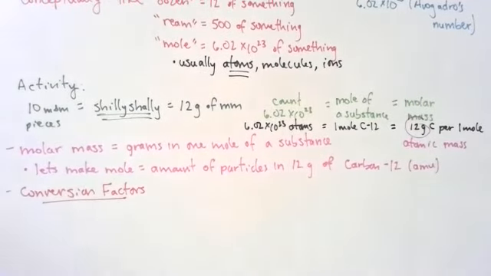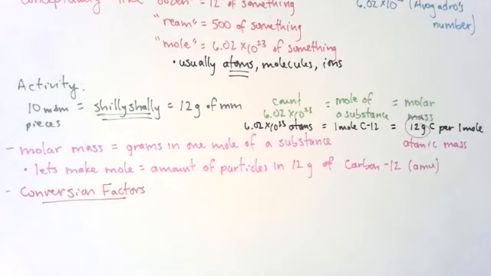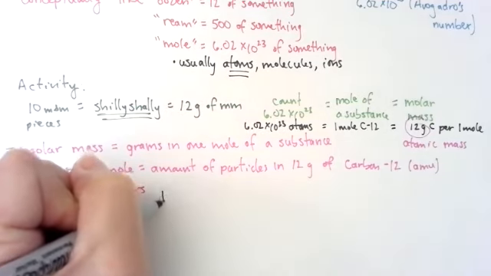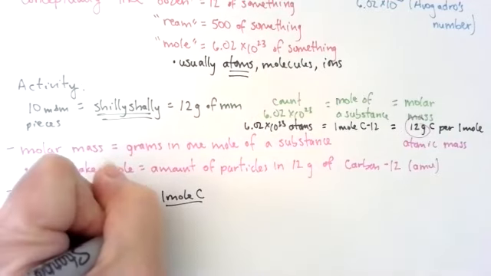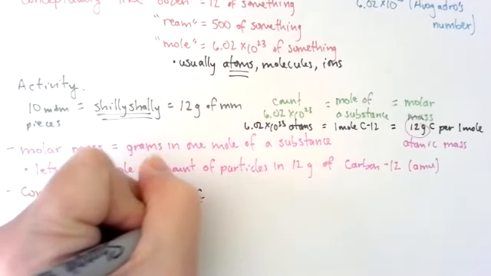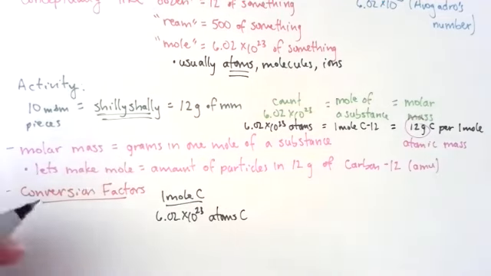Give myself a little more space here. When you write these conversion factors, I would write that 1 mole of carbon is equal to 6.02 times 10 to the 23rd atoms of carbon.